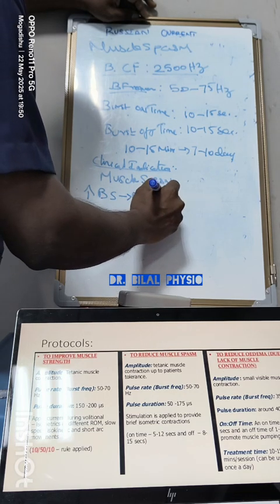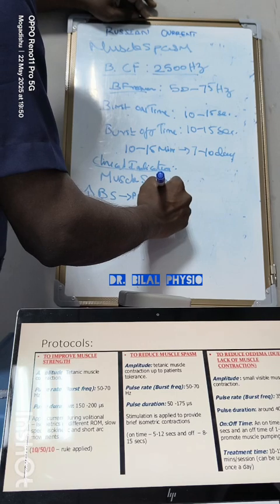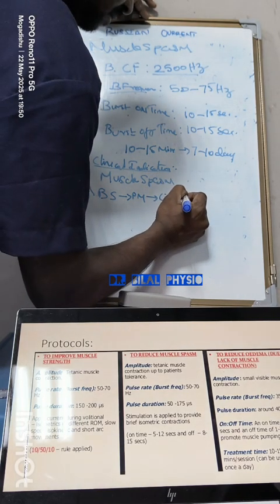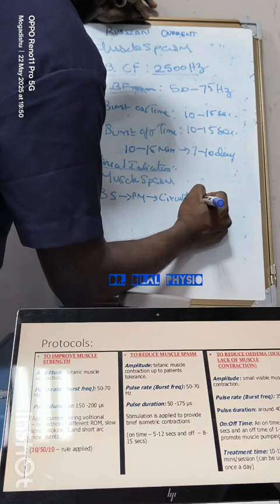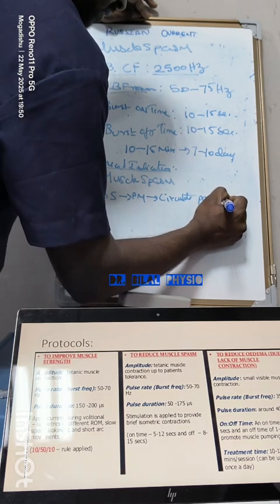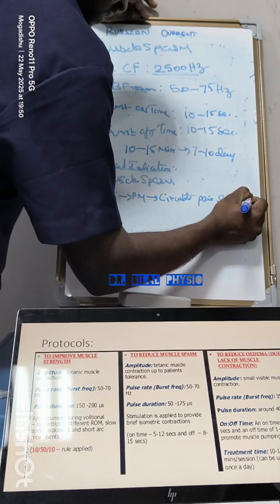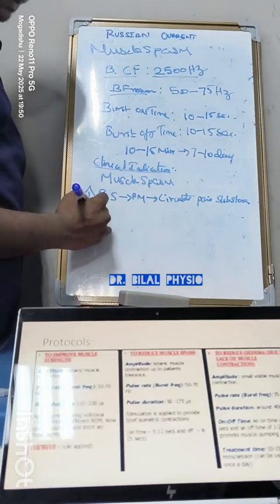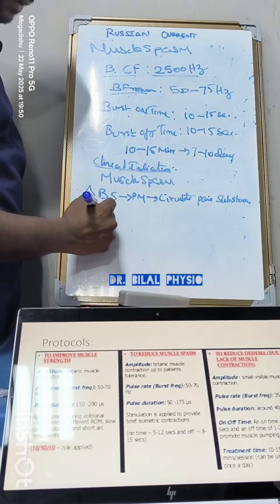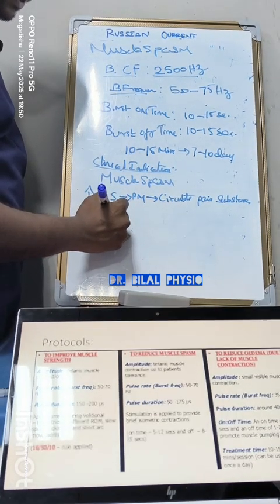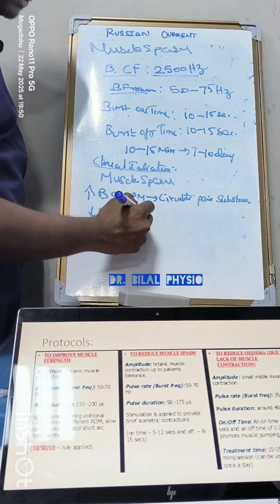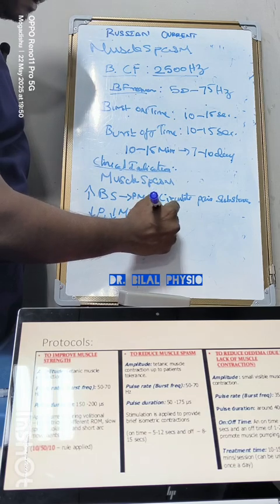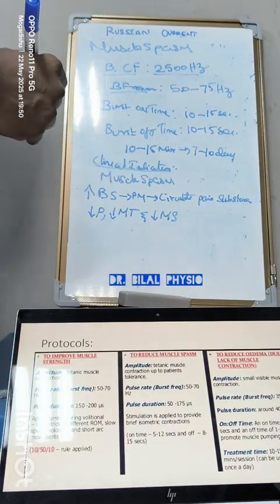This will cause the pain substance to circulate into the circulation. So this will reduce or alleviate the pain. So it reduces the muscle tension, hence reduces the muscle spasm.